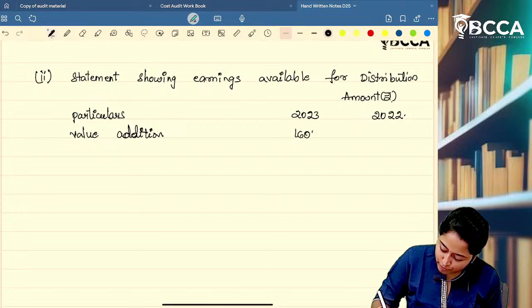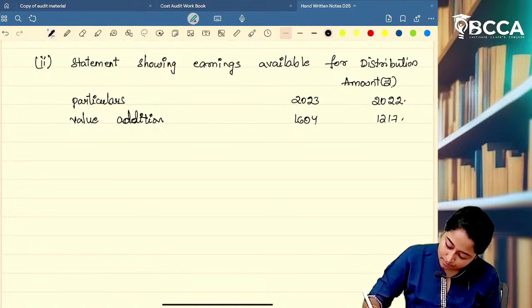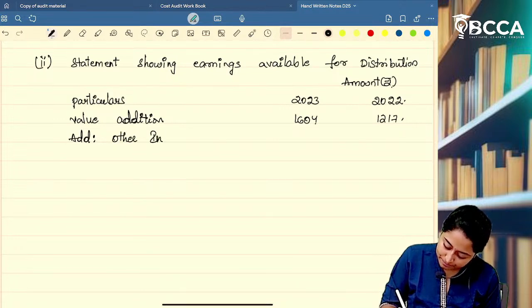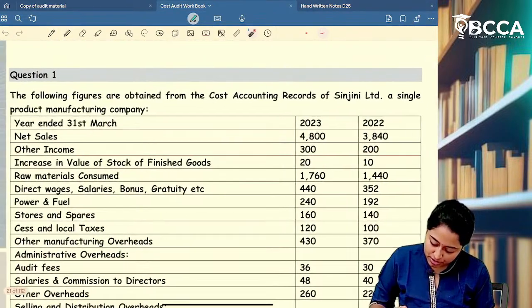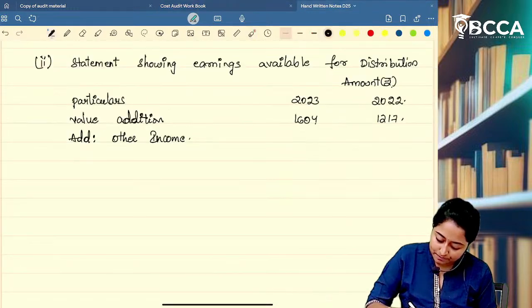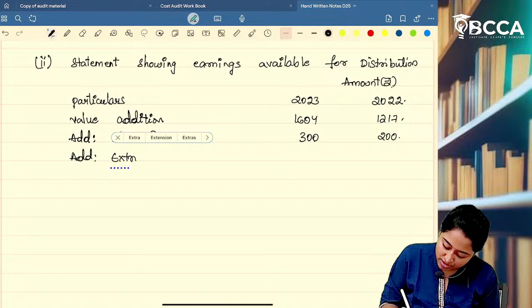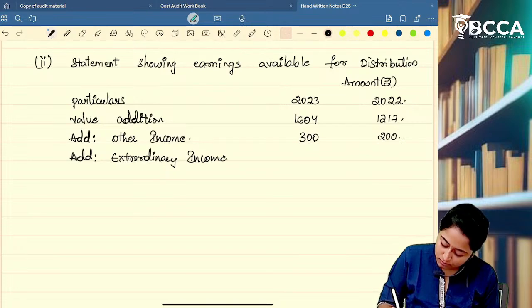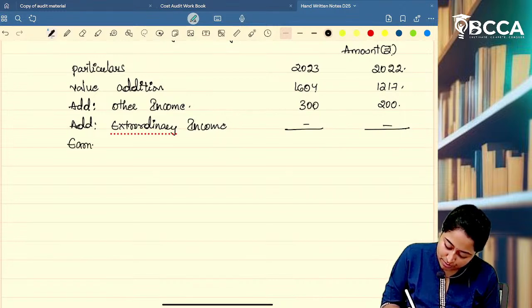It is 1,604 and 1,217. Here we'll add other income. What is other income given in the question? 300 and 200. Add extraordinary income, which is not given in the question. We'll put it blank. And here the total will be earnings available for distribution.